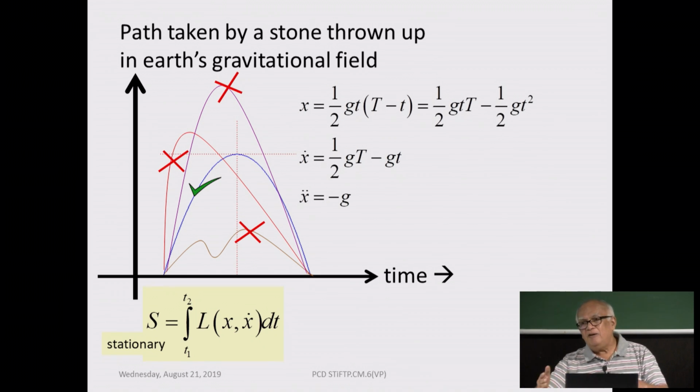And in between you can think of an infinite number of paths. And now you ask, which path will the system take? And the solution better turn out to be this, which is what we got from Newton's equation, right? And you get this path. Now, you do not have the initial velocity, but you have to get this path using some alternative principle.